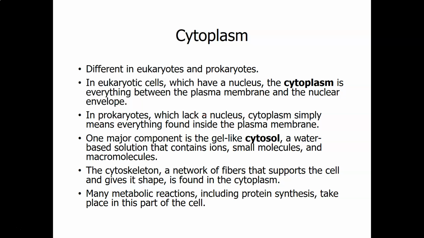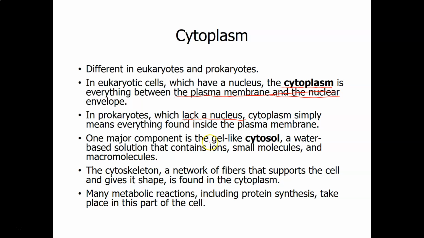The cytoplasm is defined as everything between the plasma membrane and the nuclear envelope. Now, in prokaryotes, there's not a nuclear envelope because there's not a nucleus. So the cytoplasm is simply everything inside the plasma membrane. But in eukaryotes, we define the substance that all the organelles are suspended in.